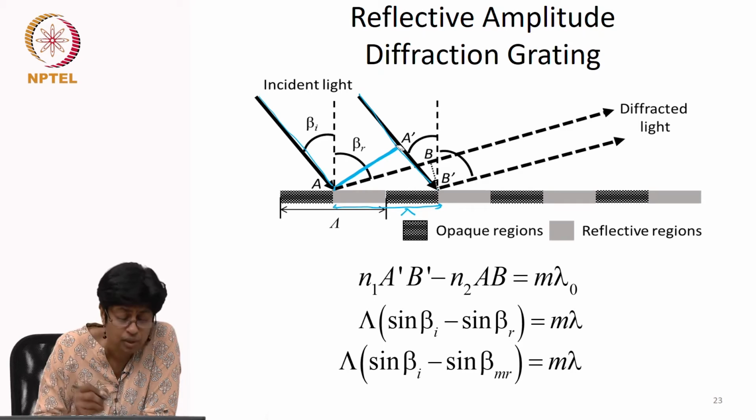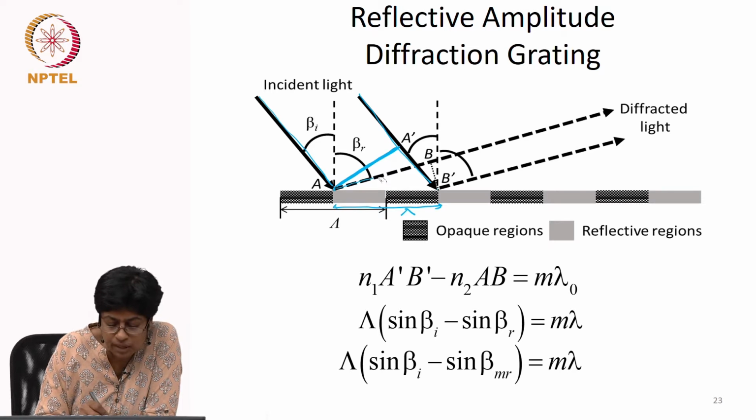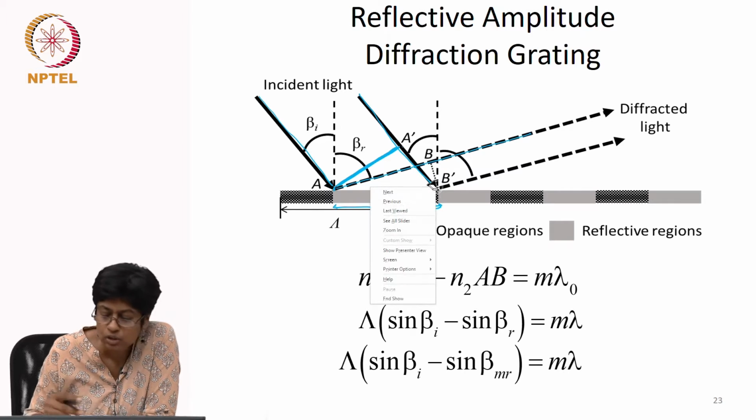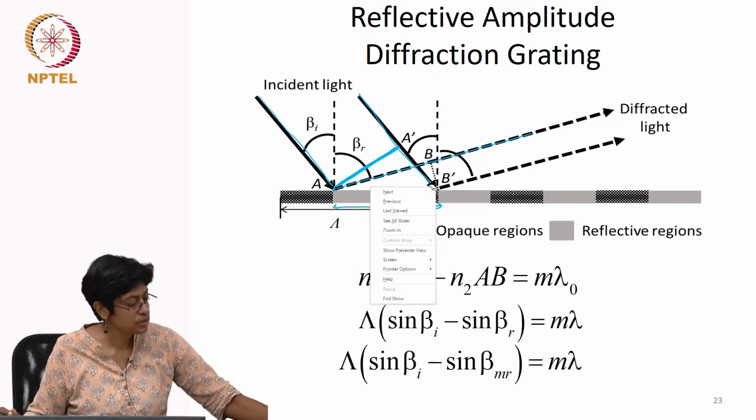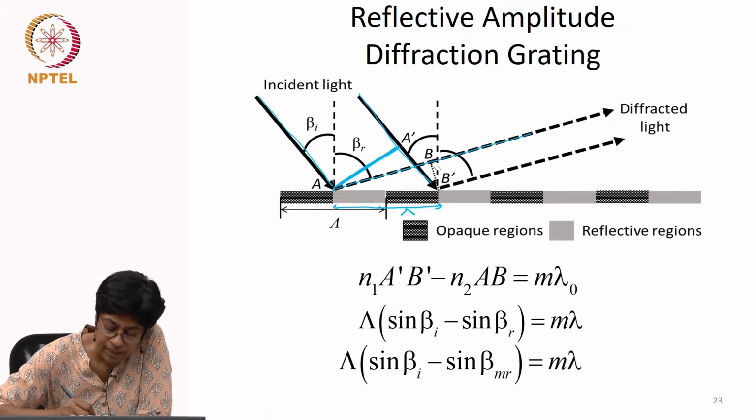What happens though is when the wave hits the grating at point A, this reflects and starts to travel along this path, whereas this continues along this path. So the size of this plane wave may change, but it's still a plane wave, and so at some other point I can look at the phase front here.